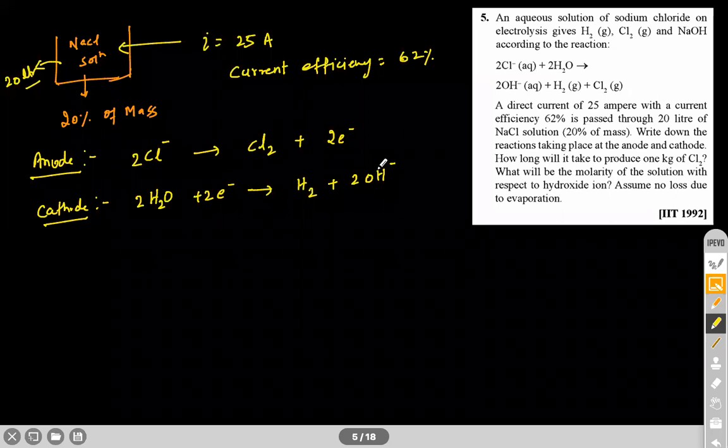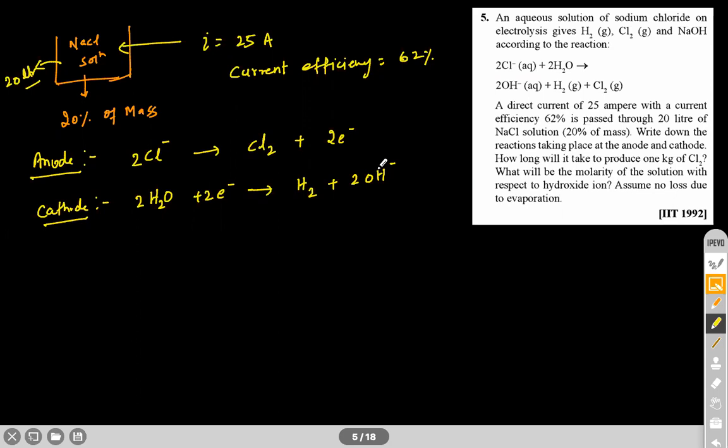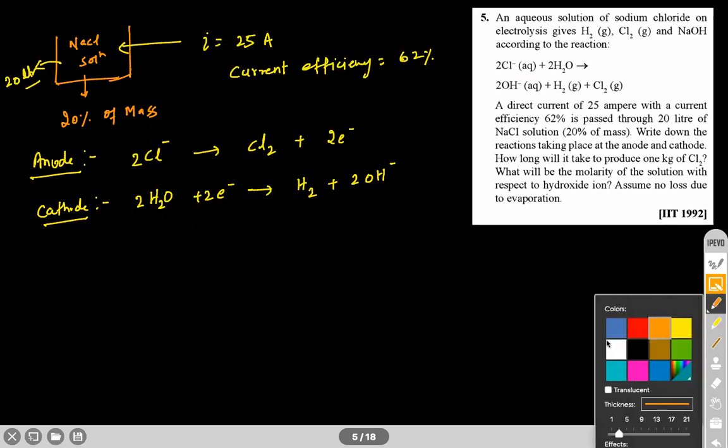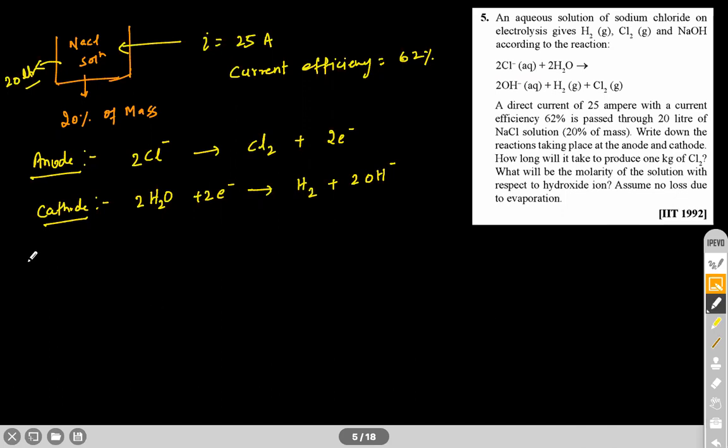Now, how long will it take to produce 1 kg of Cl2, right? So what we can write: 1 kg of Cl2 is equal to, if I find the number of moles, 1000 gram divided by 71.